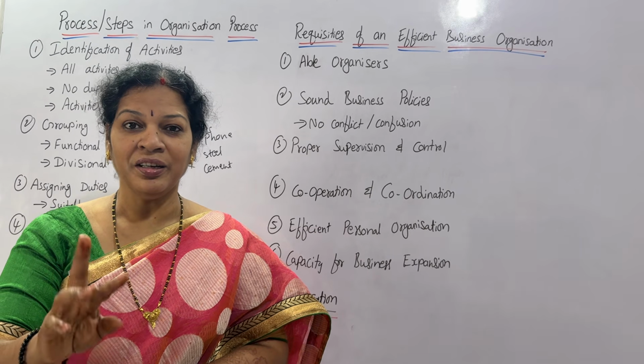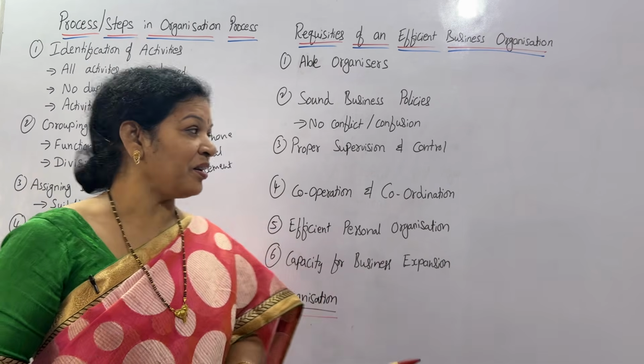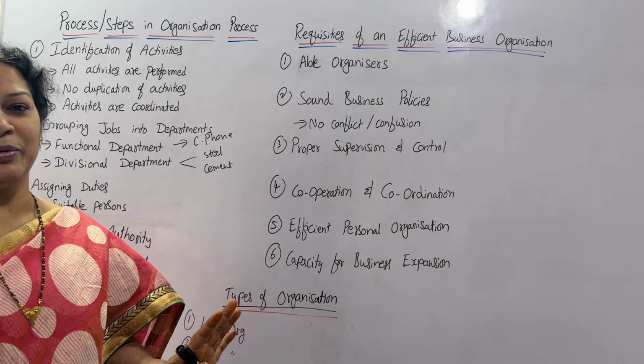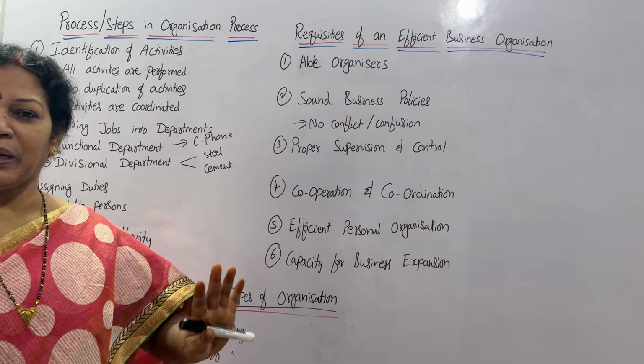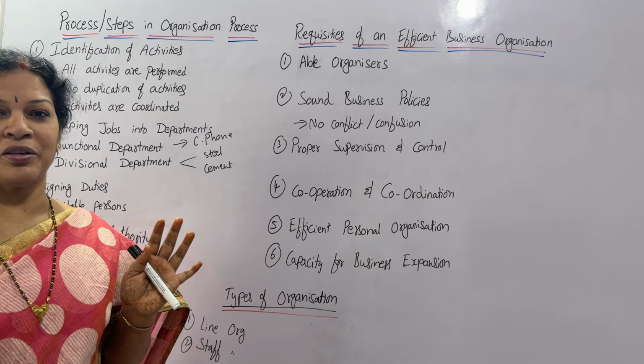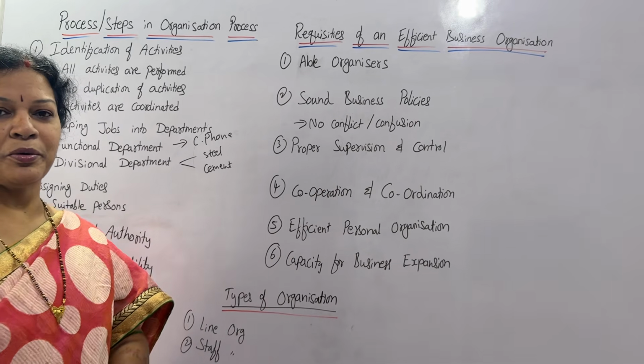So for both together, there should be a clear-cut picture, no confusion at all. This kind of policies you have to prepare, which is understandable to everyone: department heads, CEOs of the organization, and also employees of the organization, all kinds of people. Next one, proper supervision and control.